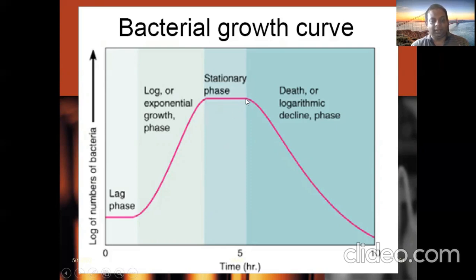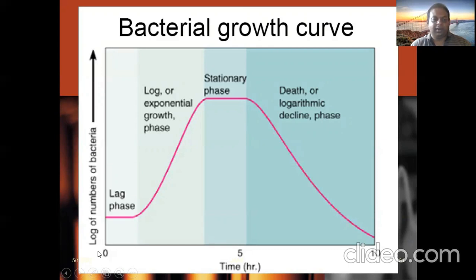Then in a certain period, on the surface or within the agar, the nutritious material is all consumed. Some may decay, so now bacteria are going to die. At the same time, these dying bacteria may produce toxins to themselves. So there is a rapid, drastic decline phase, the logarithmic decline phase, and another adaptation.